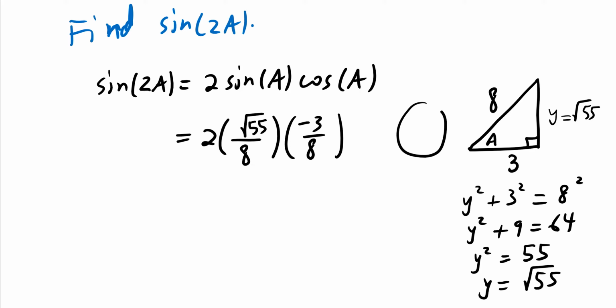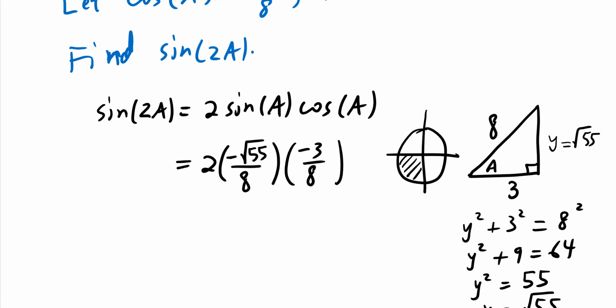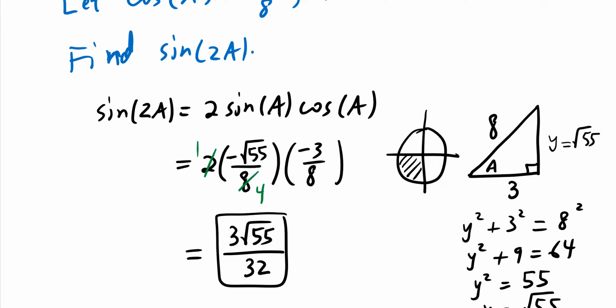Do not forget that we are working in quadrant 3. In that quadrant, sine is negative. And now we try to reduce this down by 2, 1, by 2, 4. Negative times negative on the top becomes positive. 3 square root of 55 over 32. That's the value for sine 2a.